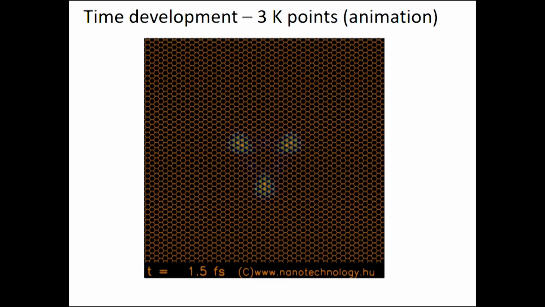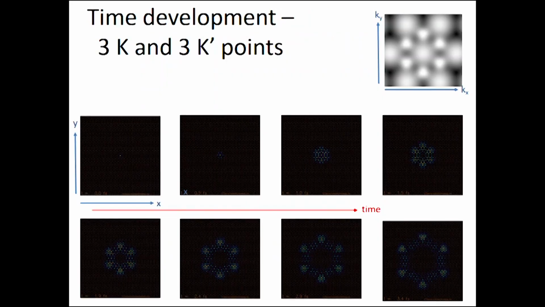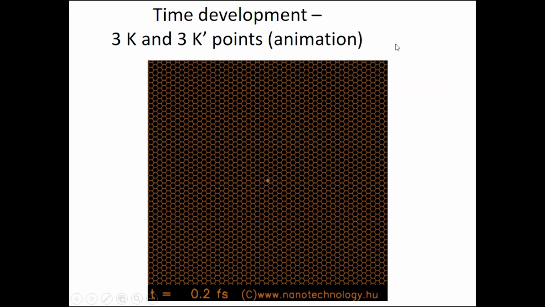It is interesting that in the spreading we have this atomic scale pattern, though in this calculation we have no atomic structure. The atomic structure is actually present only in the dispersion relation. So when the initial state is that all the three K points and all the three K prime points are occupied, then the spreading is like this.